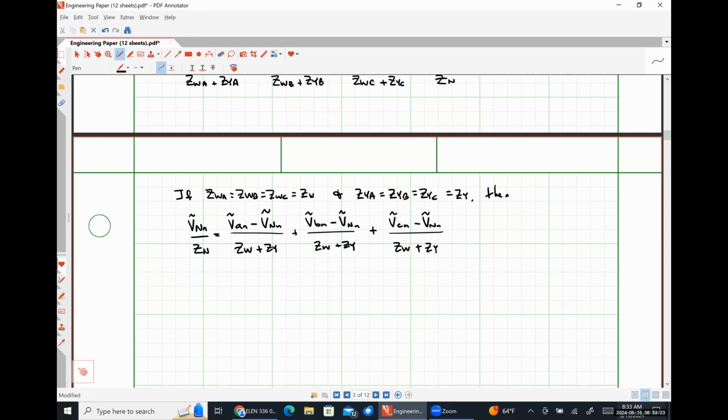And now I'm going to move all of those VNN terms over to the left-hand side as well.